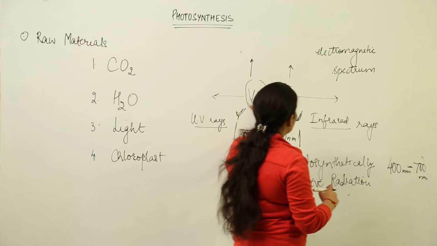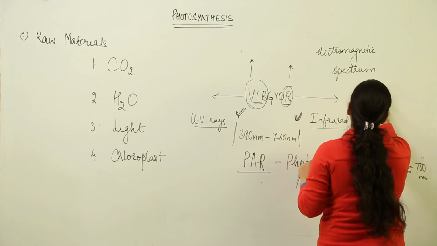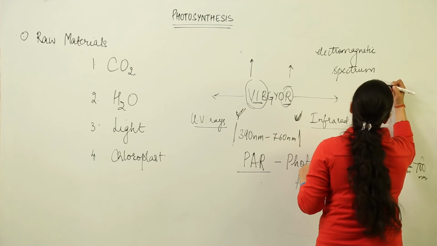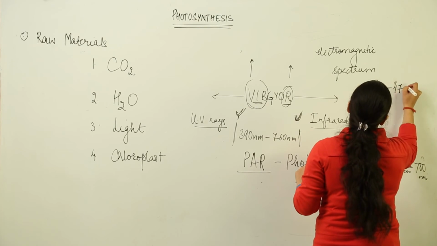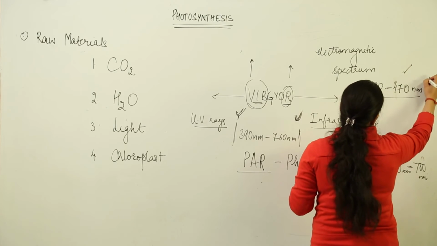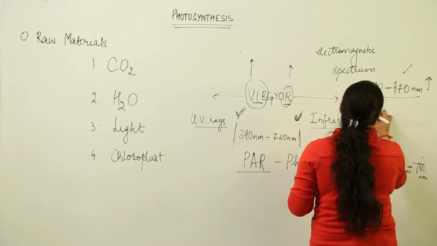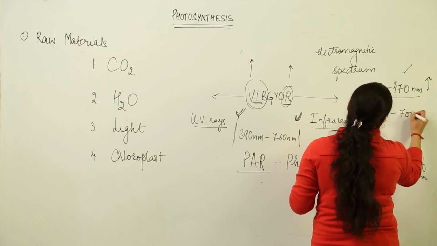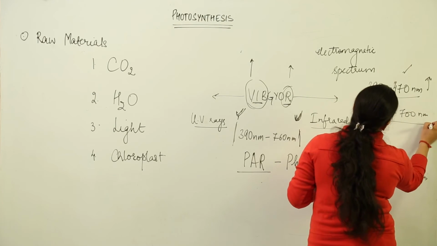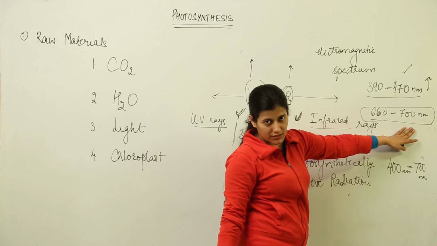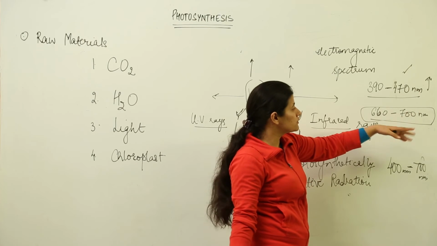So you have to keep in mind that the radiations with a wavelength of 390 to 470 nanometers have the highest rate of photosynthesis. Then we have 660 to 700 nanometer, which corresponds to the red part, that also has a higher photosynthetic potential in terms of giving the energy.